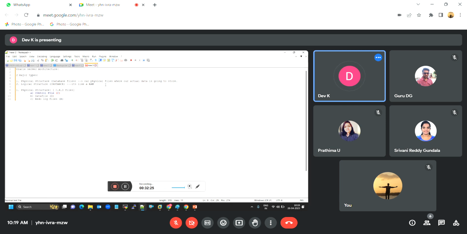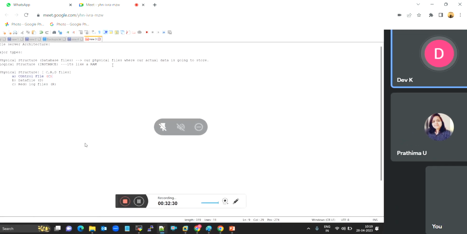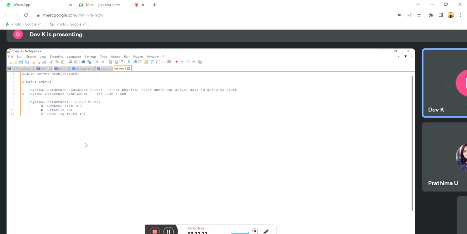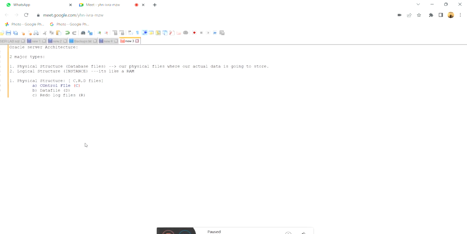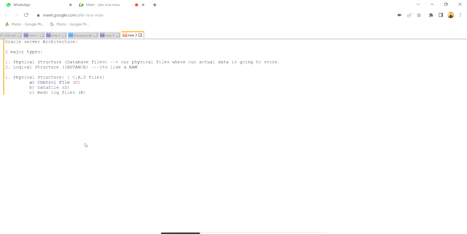These are the physical files which we are able to see and access. So what is a control file, what is a data file, and what is a redo log file? Before that, we'll also explain the logical form.